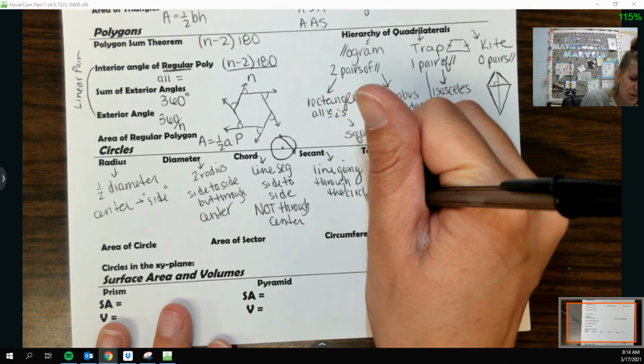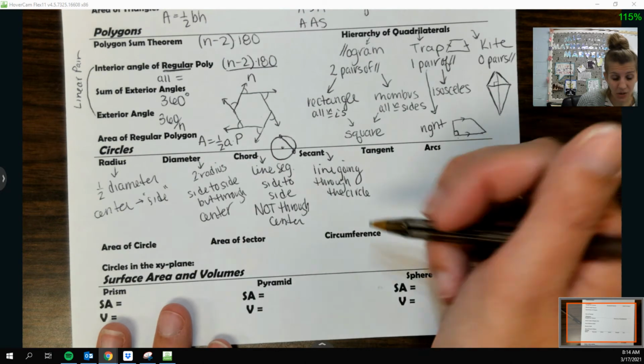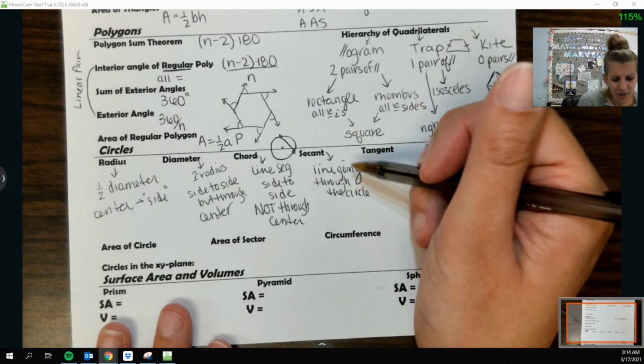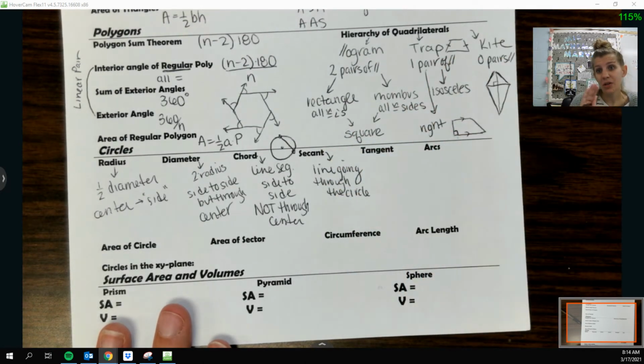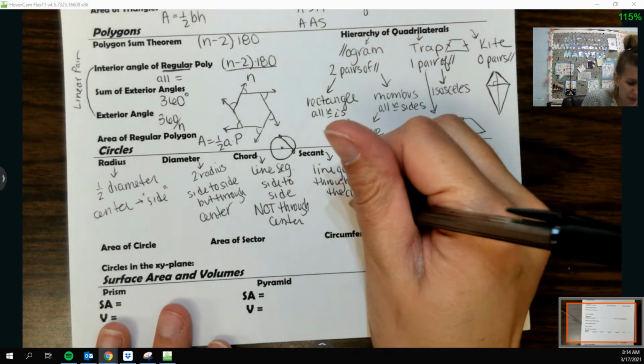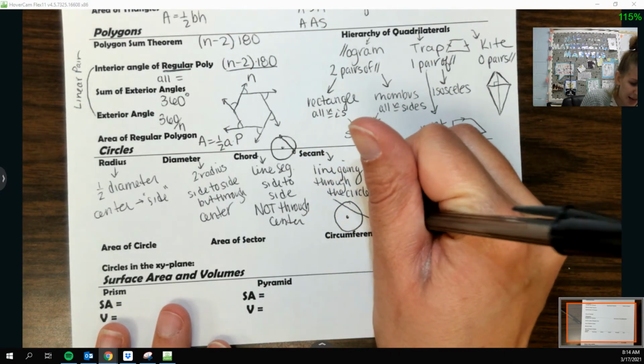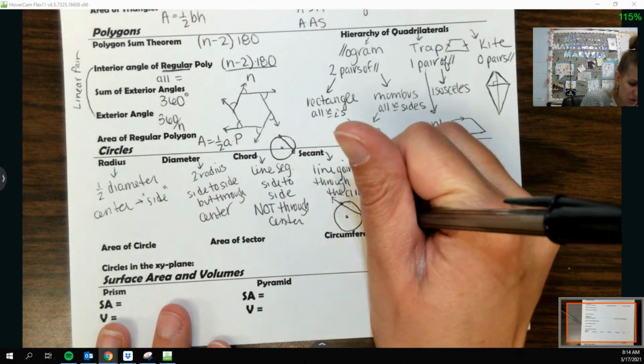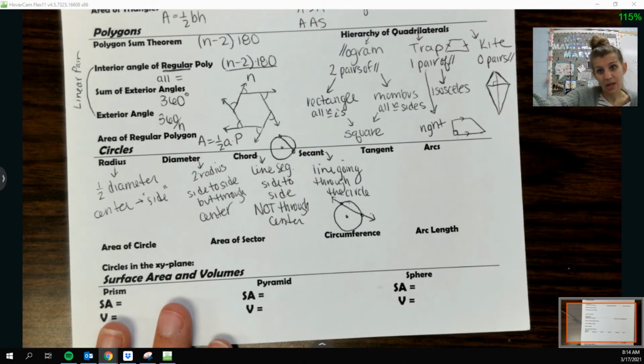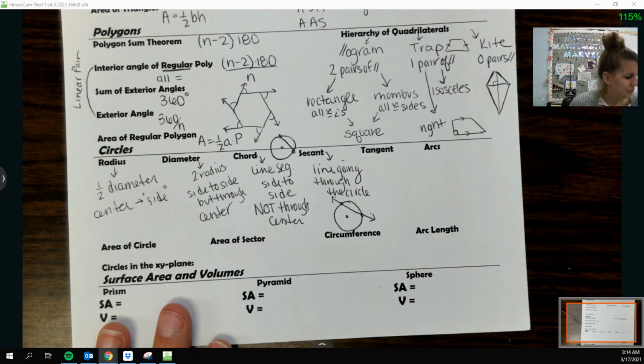I suppose it could be through the center, but the way that I remembered it is it touches a circle twice, and secant is like second, and second is twice. It's kind of a weird way, but basically a secant would look like that. So it's touching it once, twice. It enters the circle and exits the circle. And it could go through the center. That would be fine as well.